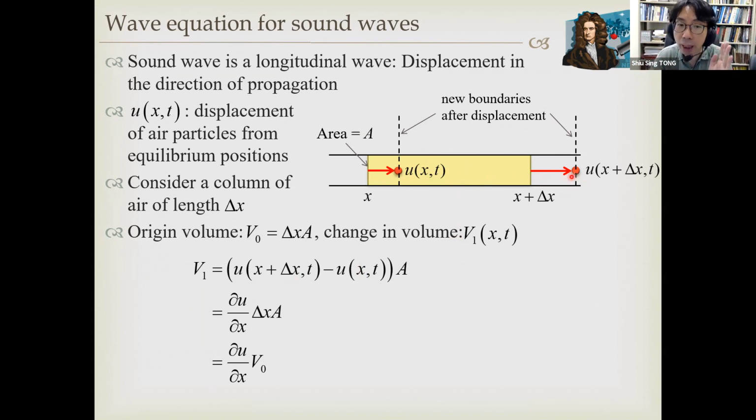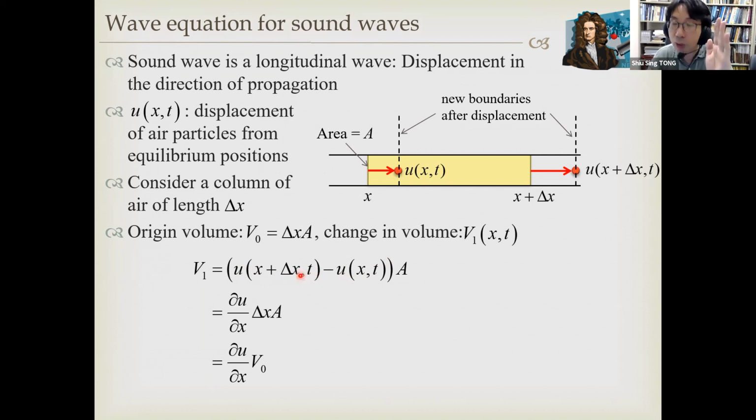The change in the air column can be found by the difference, u at x plus delta x minus u at x. If the two u's at the two ends are the same, that corresponds only to a shifting of the column as a whole without any change in size, so the change in volume will be 0.